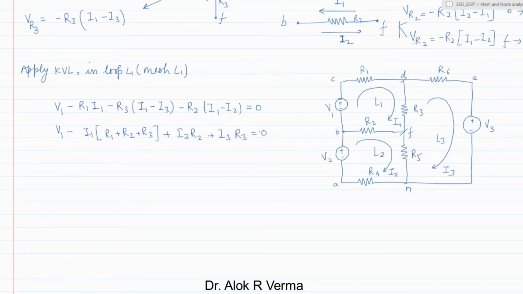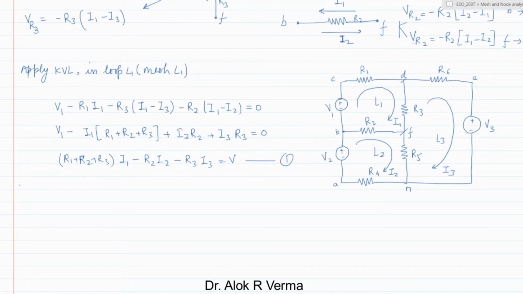If we take V1 to the other side and rewrite this equation, we get (R1 plus R2 plus R3) times I1 minus R2 times I2 minus R3 times I3 equals V1. This is equation number 1.